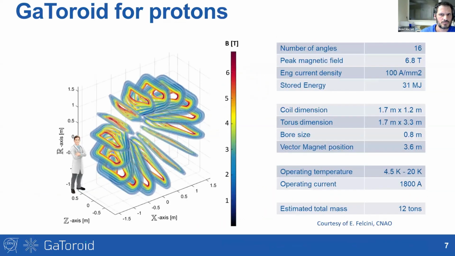Based on this concept, first system was designed for protons. As you can see, it's a very compact system delivering the beam from 16 different angles. And this system can accept protons energy from 70 to 150 MeV.